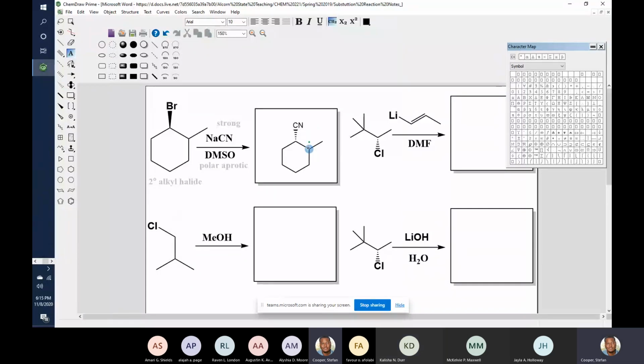The only thing is to be conscious enough to recognize if the nucleophile attacks a carbon that's chiral, you have to show stereochemistry. If the nucleophile attacks a carbon that is achiral, or if it rearranged and is achiral, then you don't have to show any stereochemistry. Does that help a little bit?